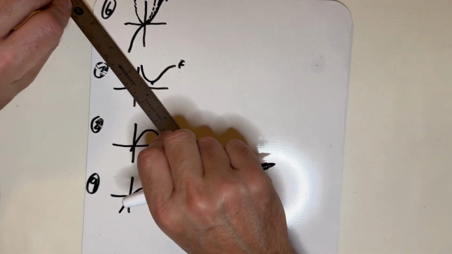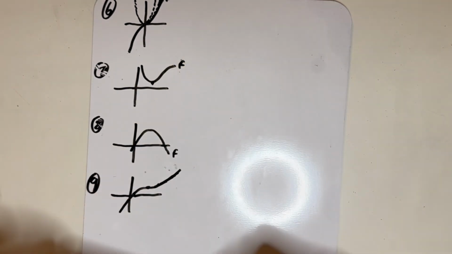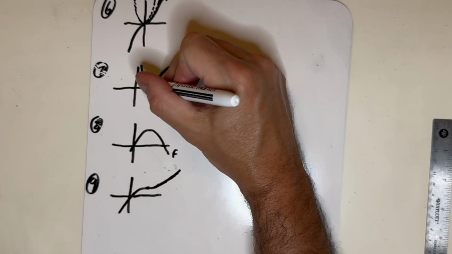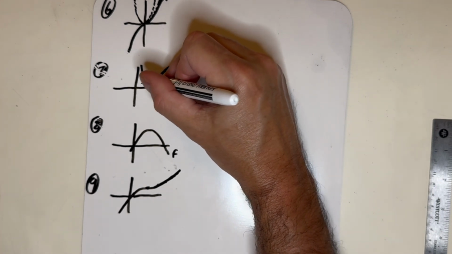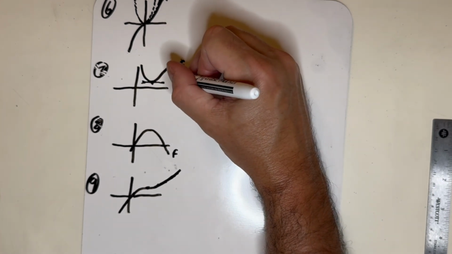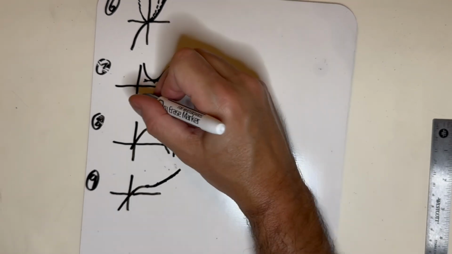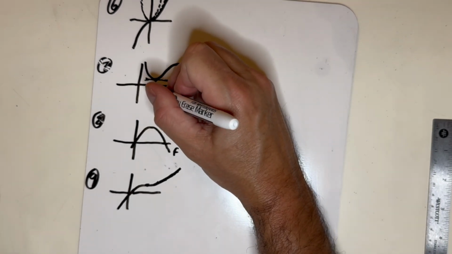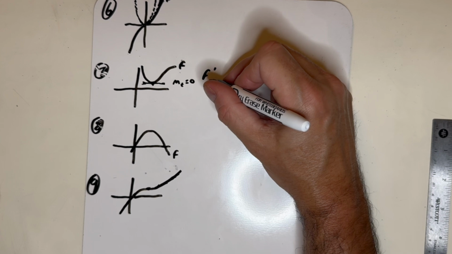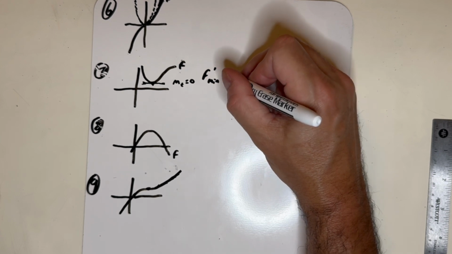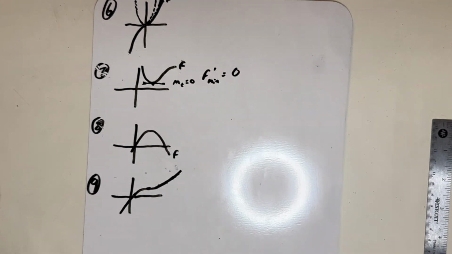If we go from being negative sloped to positive slope, we must have gone through 0 in between. And so the tangent line at this point is just a flat, horizontal line, whose slope is 0, which means that f prime at min is equal to 0.